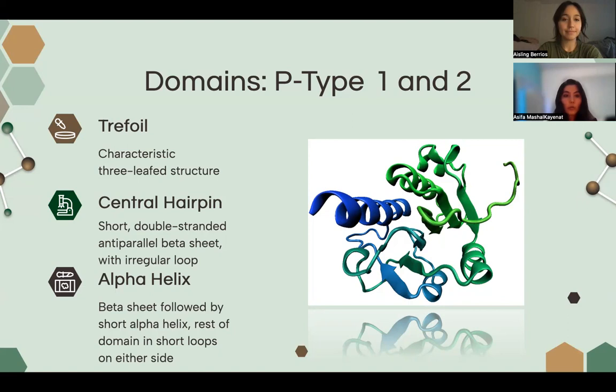The central core of the domain consists of a short double-stranded anti-parallel beta sheet, which is capped by an irregular loop and forms a central hairpin at loop 3. The beta sheet is followed by a short alpha helix, with the majority of the remainder of the domain contained in two short loops which lie on either side of the central hairpin.